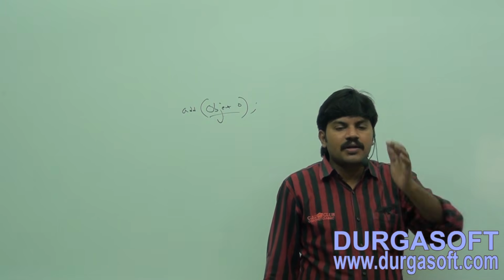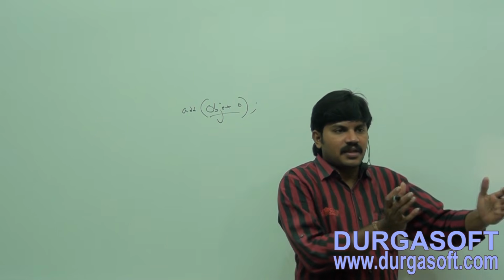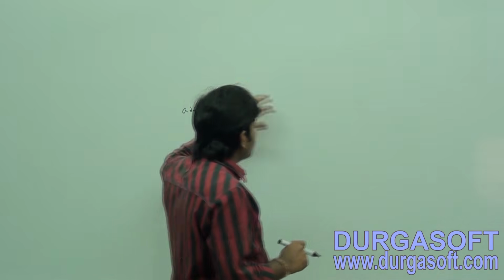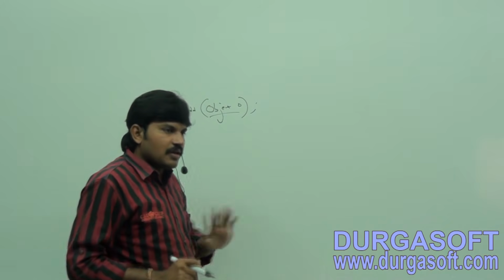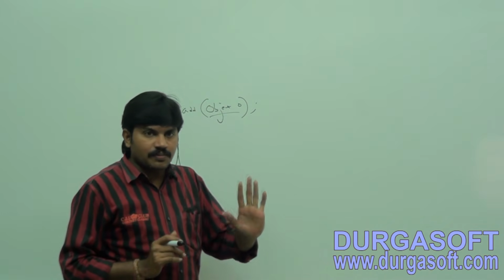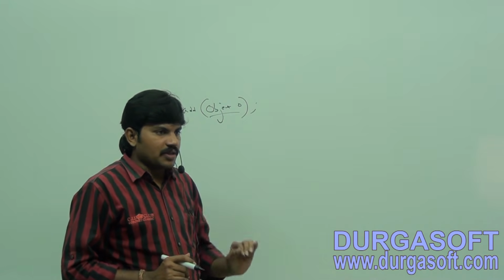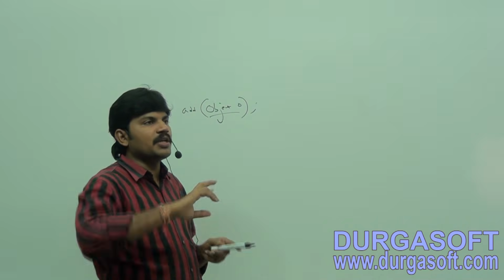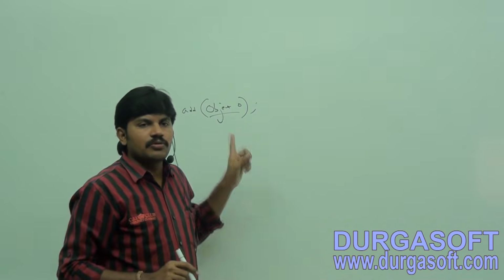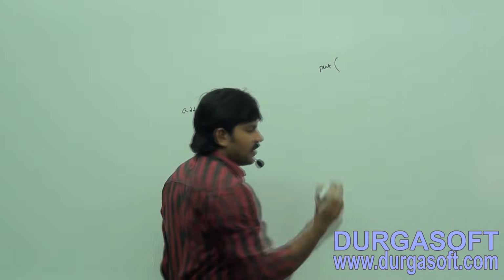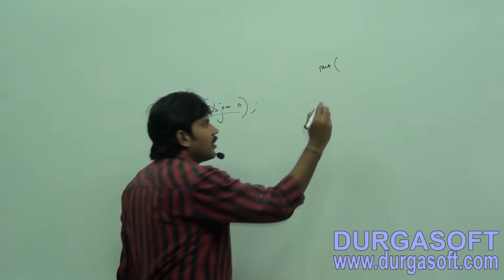Sir, I want to add key and value simultaneously, not only key or only value. That's why collection related terminology is not applicable for the map, because the concept is different. That's why map contains its own specific methods. Suppose, sir, can you please add one key value pair? Then we can't use the add method. Which method do we have to use? Put is the method. Are you getting it? Put is the method.